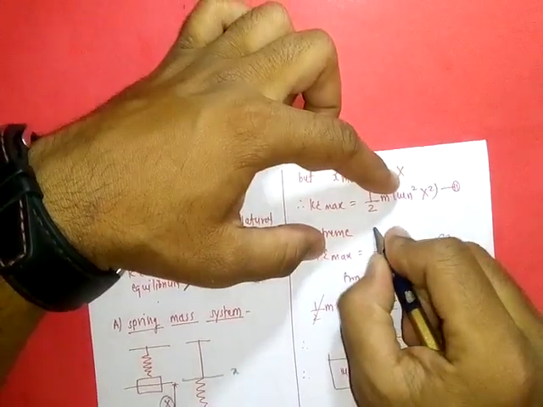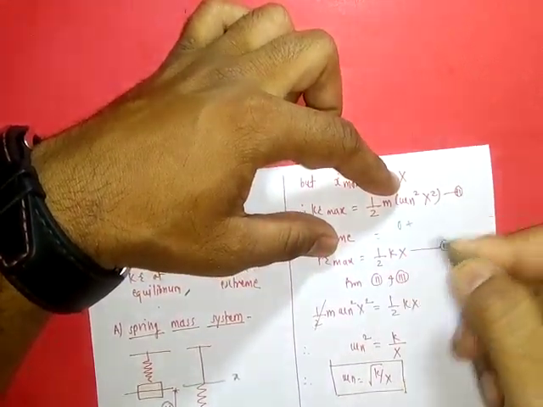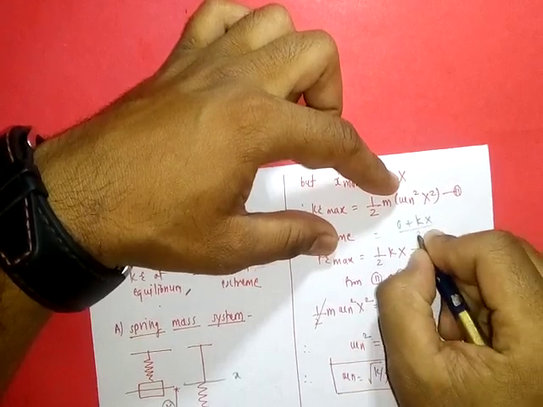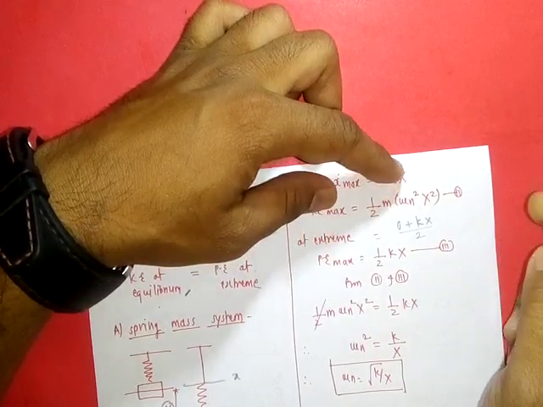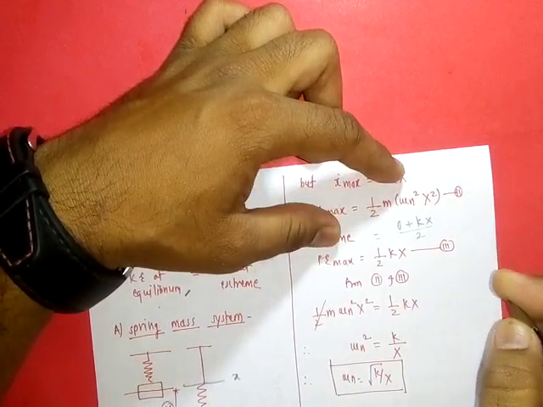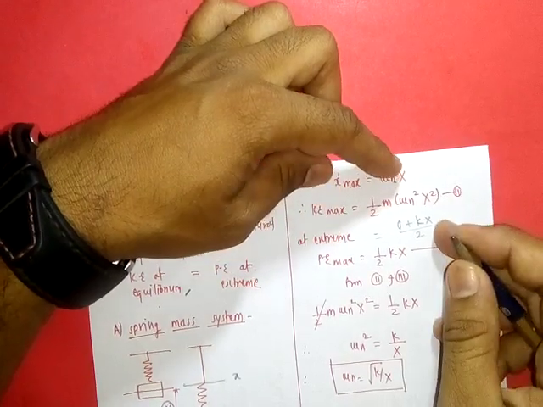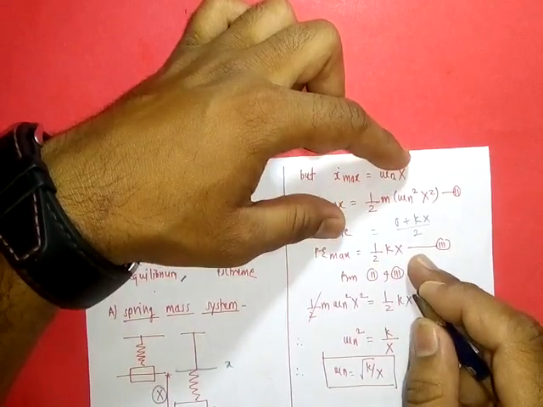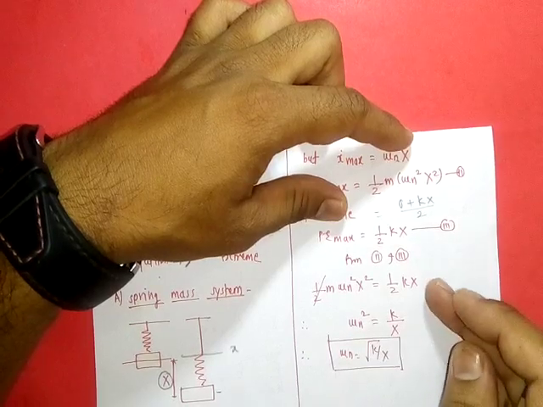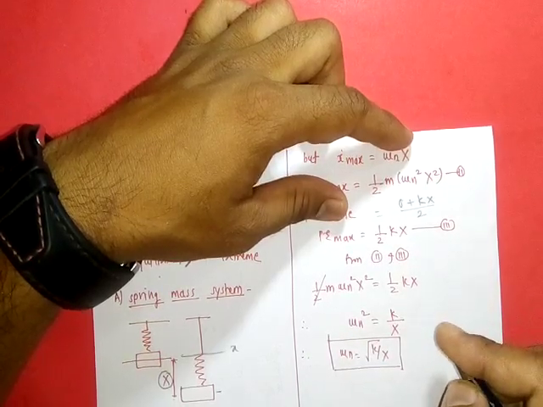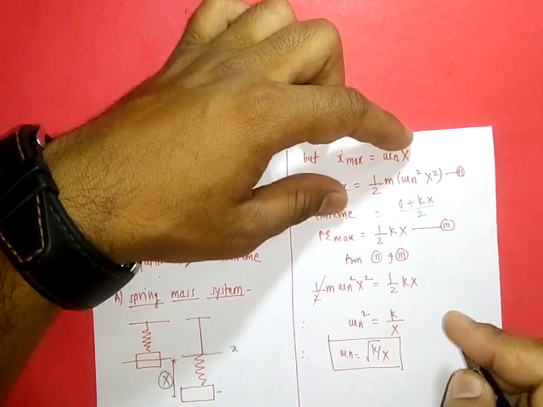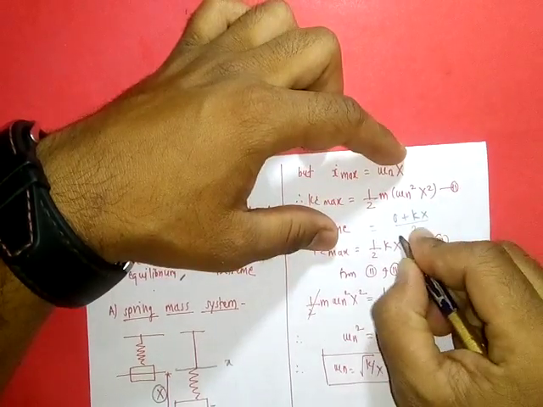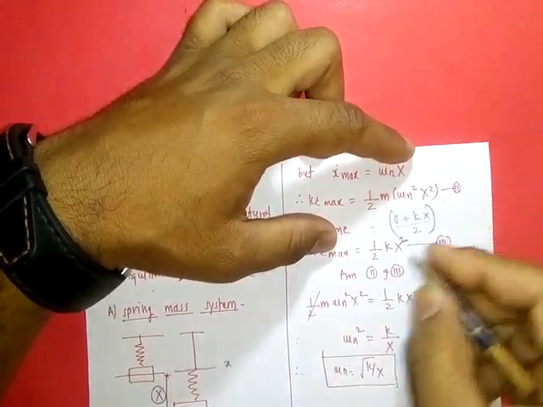Average spring force at equilibrium is 0, and at extreme spring force is k x, divided by 2. Sorry, there is a mistake.